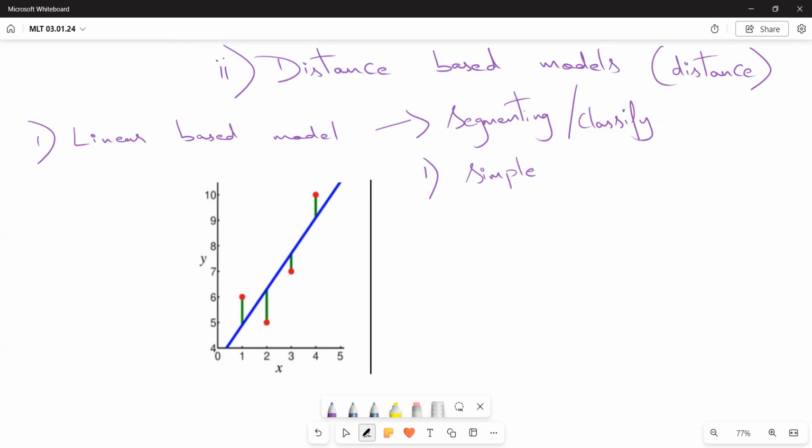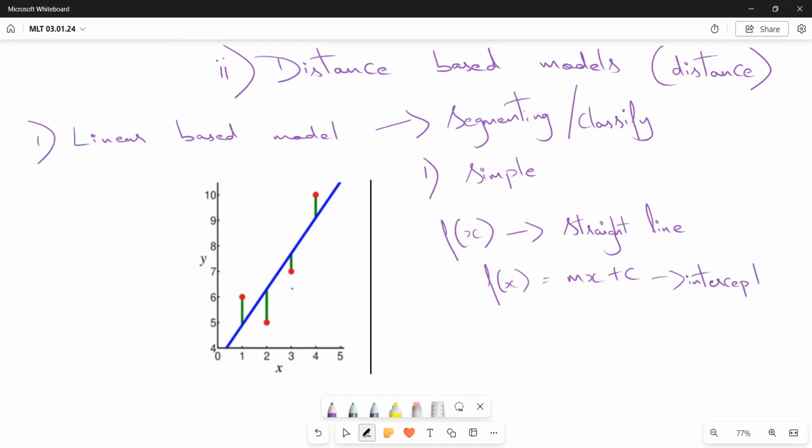For example, if f of x represents a straight line, your equation is f of x equals mx plus c. This is one of your basics, you would have learned it in school. Here c represents the intercept and m represents the slope.